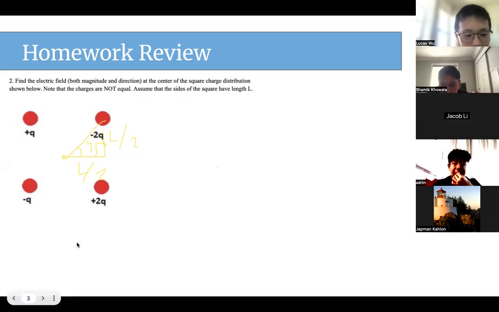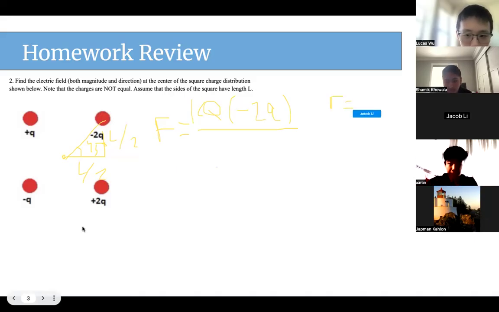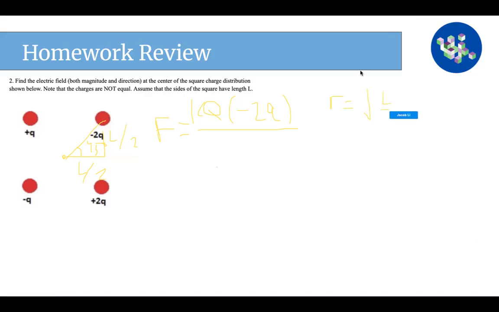So the total force as a result from that one equals, let's do a big Q for that little test charge and then negative 2Q, multiplied by K and then R squared. R is the square root of L over 2 squared plus L over 2 squared.